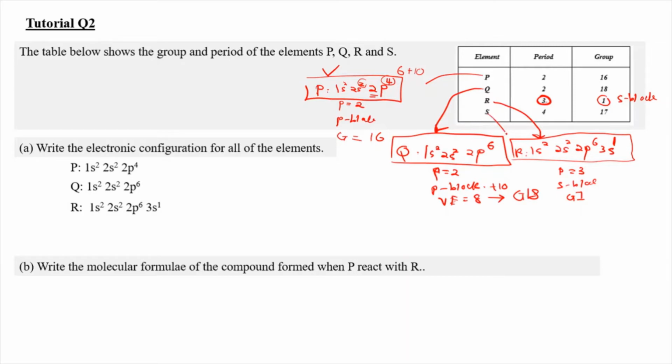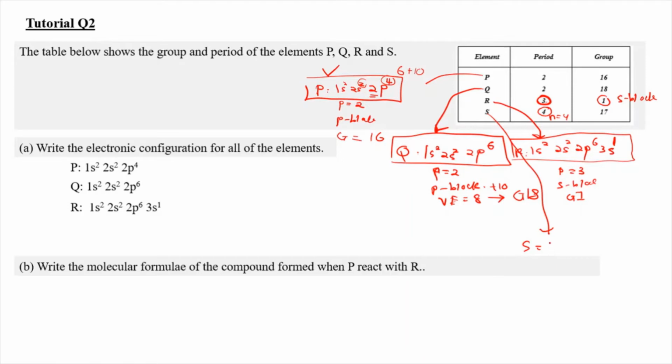Okay, and for the S here, it is located in period 4, so you know that the highest n is going to be 4, and then it is located in group 17. Okay, so you're going to have 7 valence electrons.